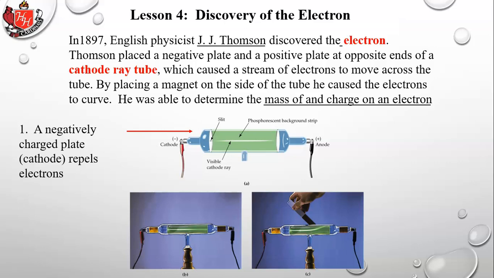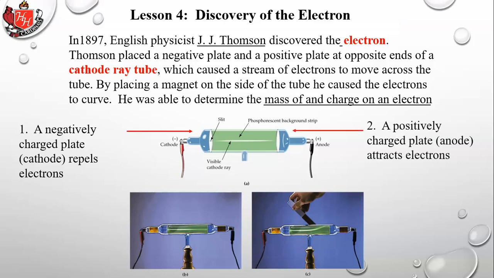So a negatively charged plate, that's called a cathode, repels electrons. It pushes them towards the right, towards the positively charged plate called an anode, and that attracts the electrons. That creates a visible stream. That's an actual picture. That's not just an animation. That's an actual picture, and that's a stream of electrons.